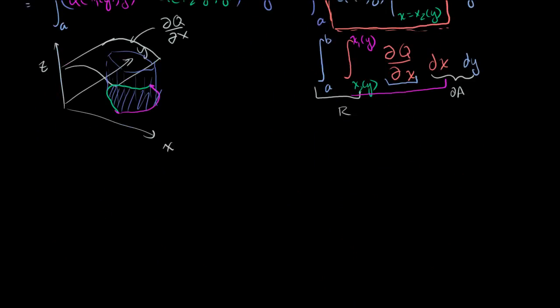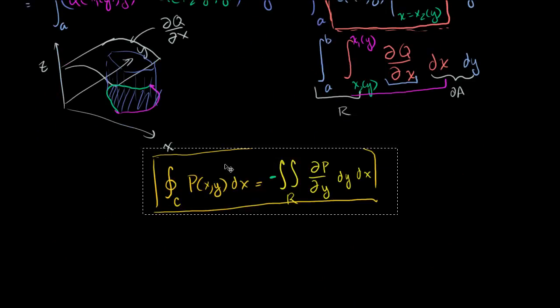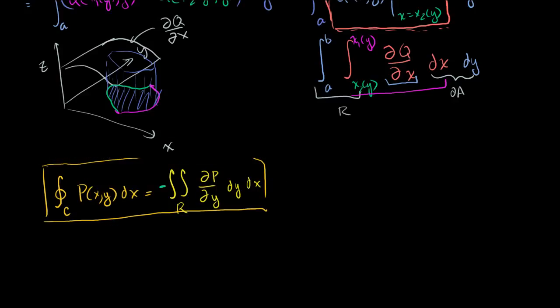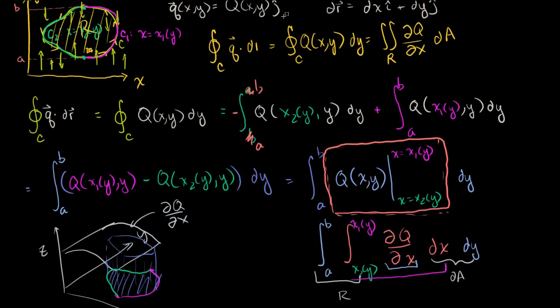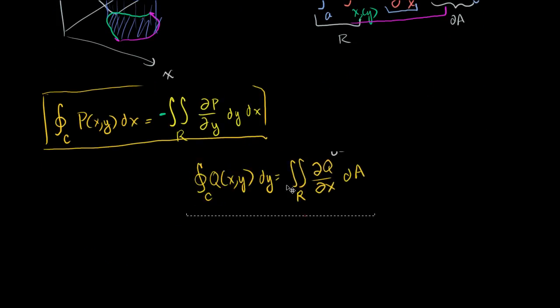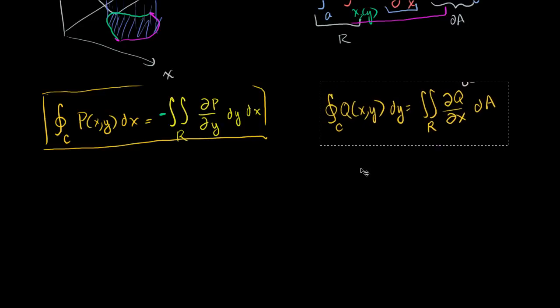So let me copy and paste that. So that's what we got in the last video. And then in this video, we got this result. I'll actually just copy and paste that part right there. You might already predict where this is going. And then let me paste it over here. This is the result from this video.